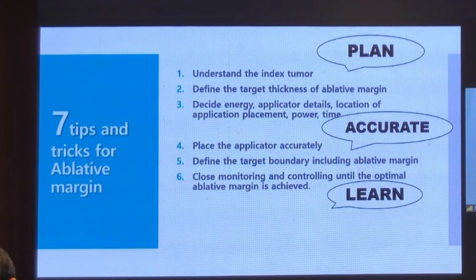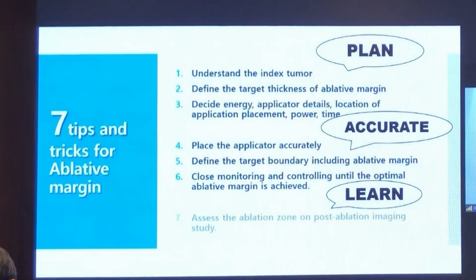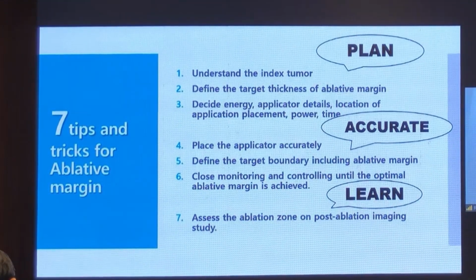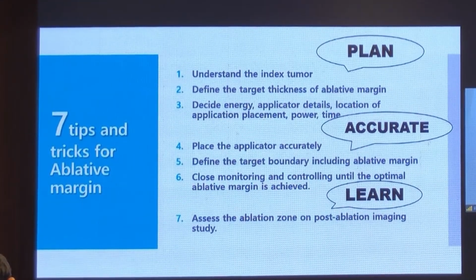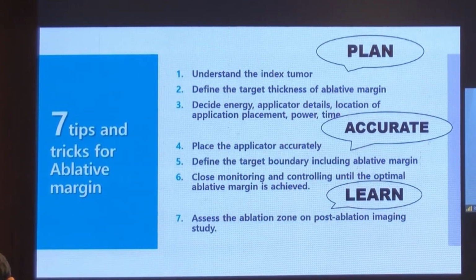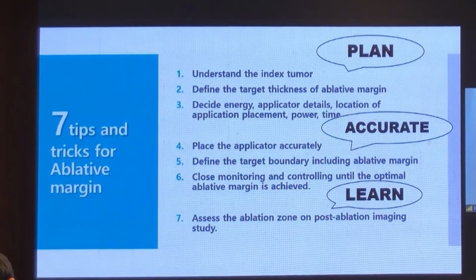Finally, assess the ablation zone in detail on post-ablation imaging study. I think everyone in this room already knows this very well because it is really basic. But in my opinion, the basics are more important than just novel things. So shall we start one by one?